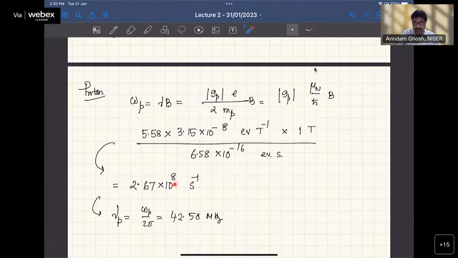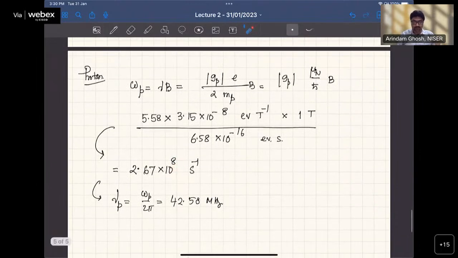It has come down by a factor of 1000. That is why you are going from gigahertz to megahertz. This means that if you have 1 Tesla of magnetic field, you have a Larmor frequency of 42.58 megahertz. So if I have an NMR machine with 1 Tesla magnetic field inside, we would call it a roughly 42 megahertz NMR spectrometer.